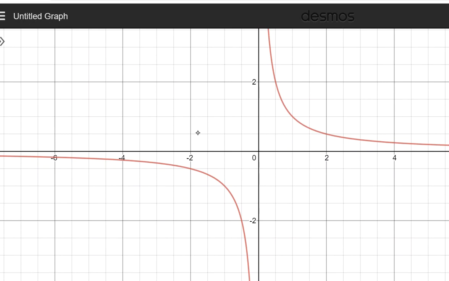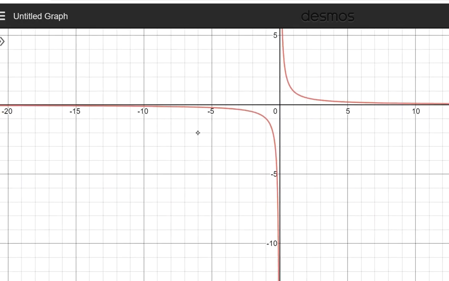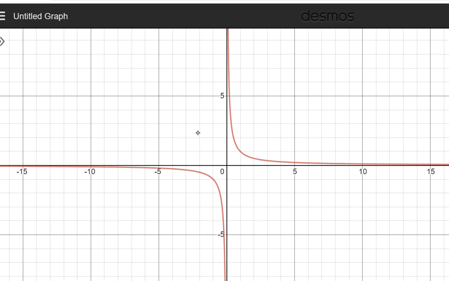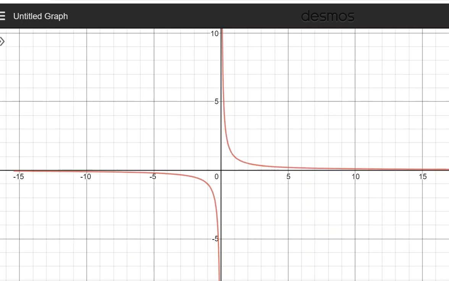The graph comes up over here, and if you zoom out, you can see how it approaches the x-axis on the right, and it also approaches on the left, from two different sides. So on the positive y, when it goes to infinity, the asymptote approaches the positive x-axis. And when y is negative infinity, again, it's going to approach on the negative x.